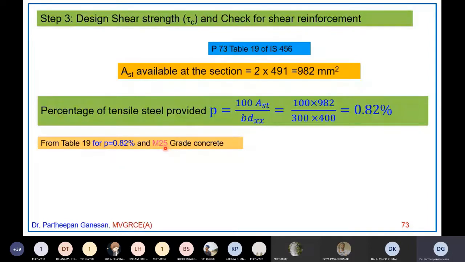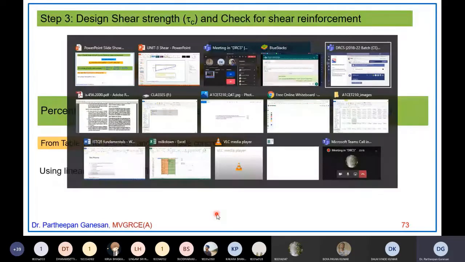I am not going to repeat the step again. But if you have any doubt, you ask. Otherwise, I am going to go ahead. So using linear interpolation, find tau c. Obviously 0.82 is between 0.75 and 1. Remember, you are in this table. I will go to the table here.